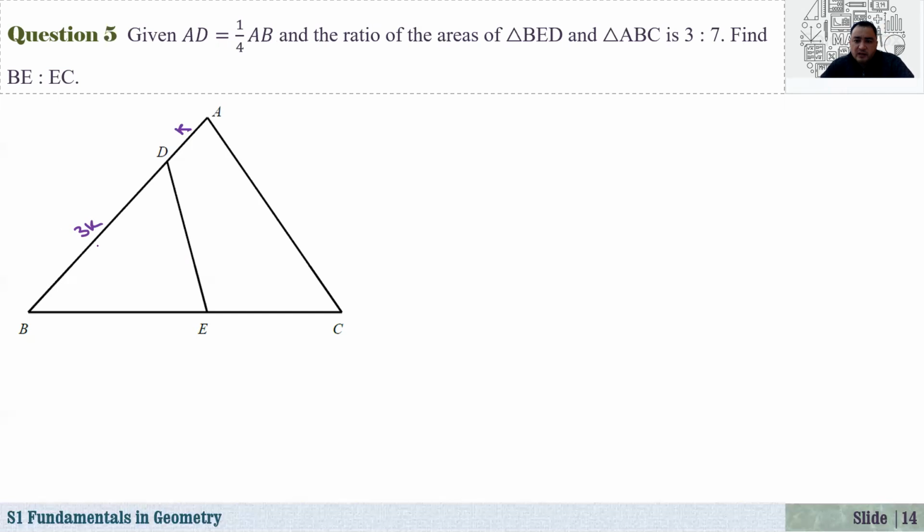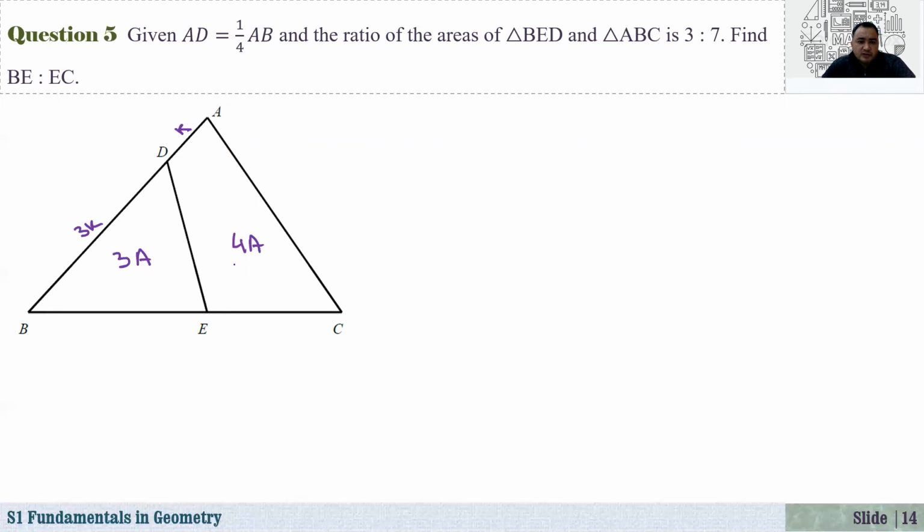And the ratio of the areas of BED to ABC is 3 to 7. So suppose that this area is 3A. Then the remaining area should be, since it's 3 to 7, 4A.